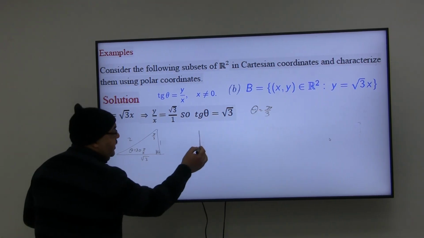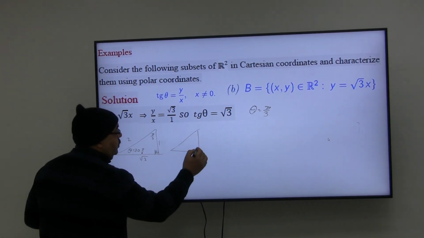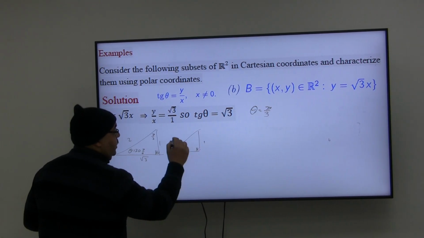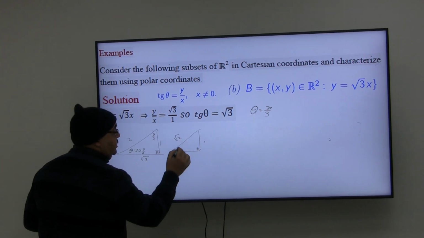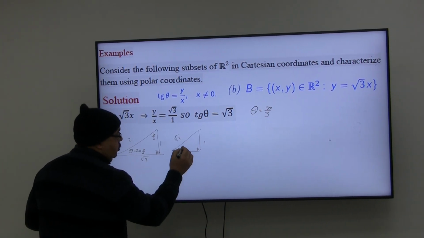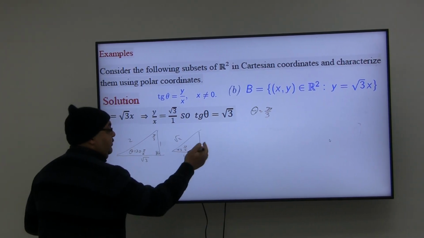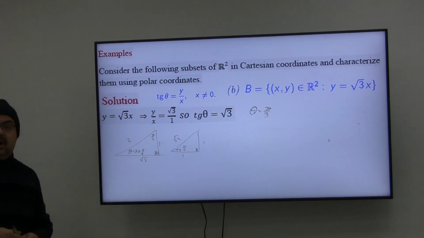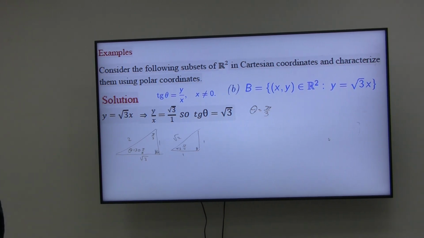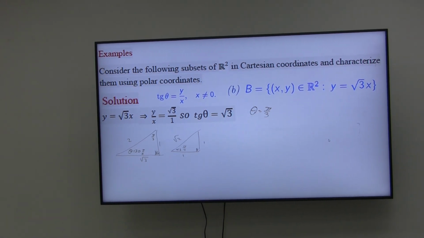Also, the 45 triangle, which is going to be 1, 1, and root 2. If this is 45, which means pi over 4, then the tan of pi over 4 is equal to 1. Those are two triangles that we will be using so much in the coming period.